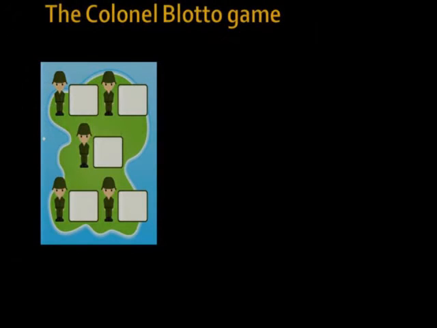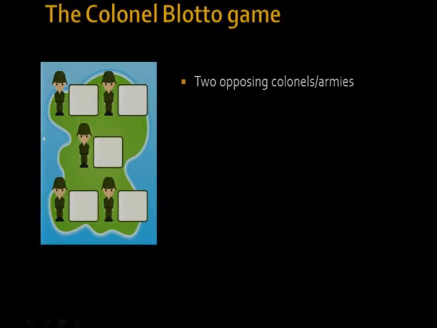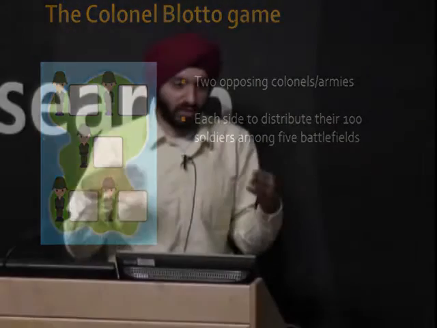Now, I'm not sure how many of you know about Blotto games, so I'll just give you a quick introduction. Essentially, in a Colonel Blotto game, you have a set of battlefields, right? And you have two opposing armies, right? Each side is given 100 soldiers, and they have to distribute these soldiers among the 5 battlefields, right?